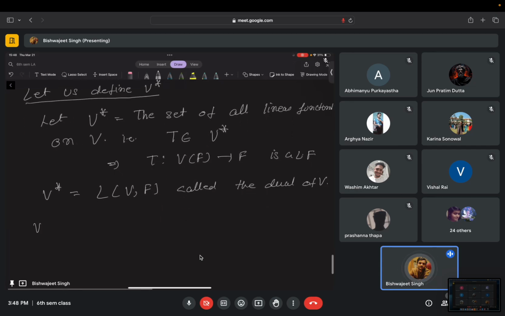And it turns out that this V star is a vector space.